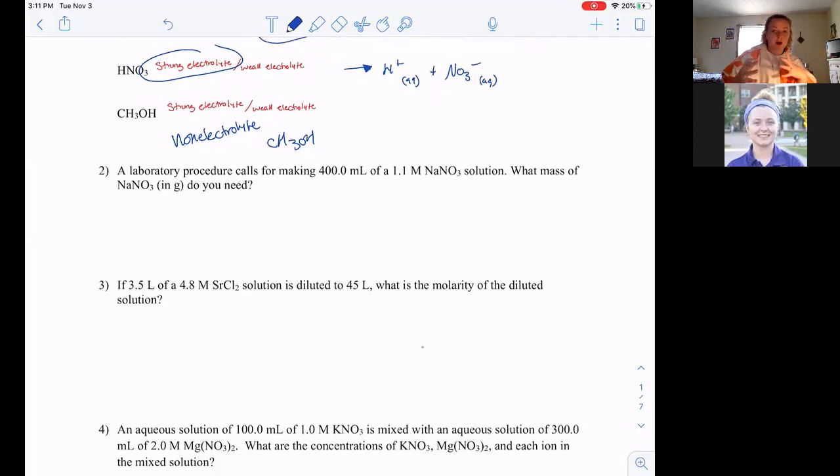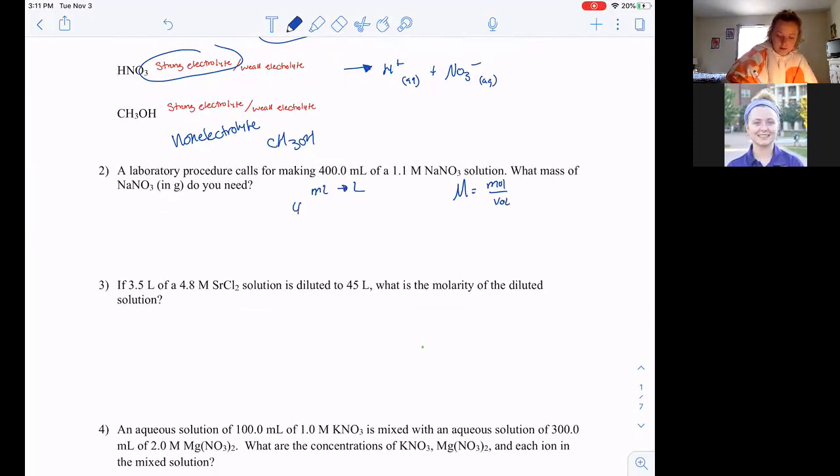The first thing we need to do is convert milliliters to liters, and then find the moles from the molarity. So molarity is moles over volume. I tend to use liters, it's just easier that way.